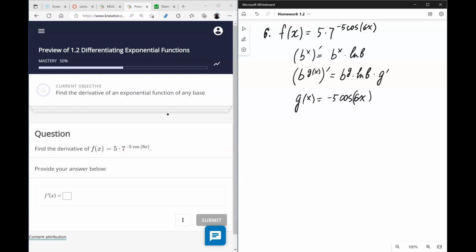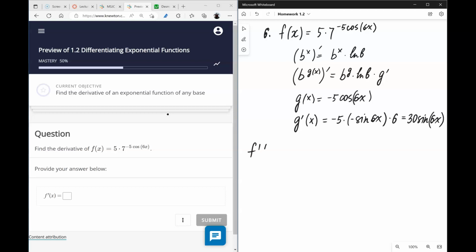So finding derivative of g may not be a trivial task, but by now we should be comfortable with it. So it's going to be negative 5 times negative sine of 6x times 6. And I can simplify it. So it's going to be 30 times sine of 6x. And now we're going to put it all together.